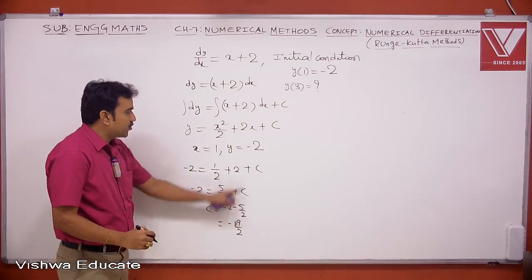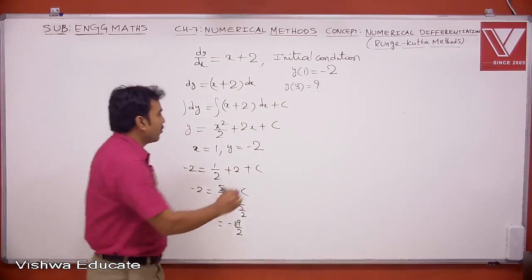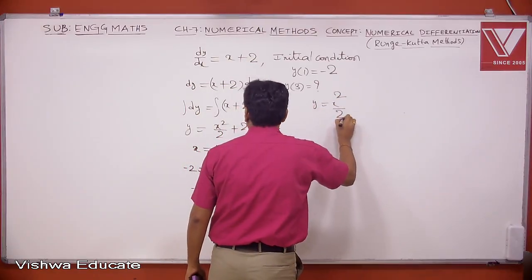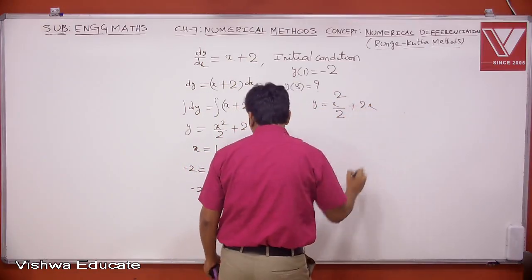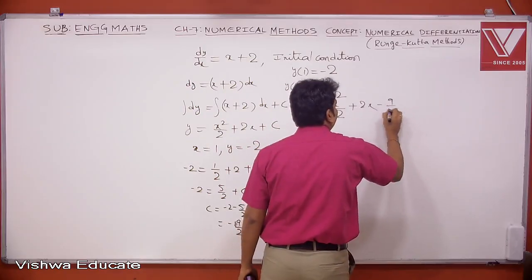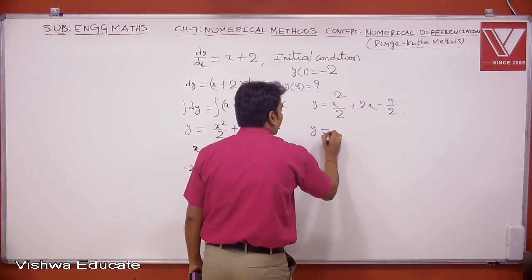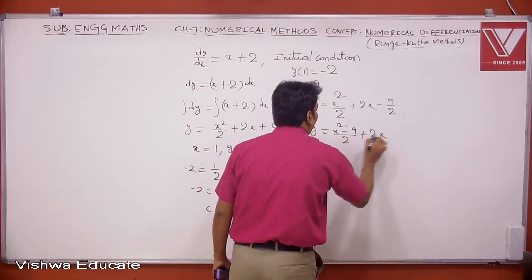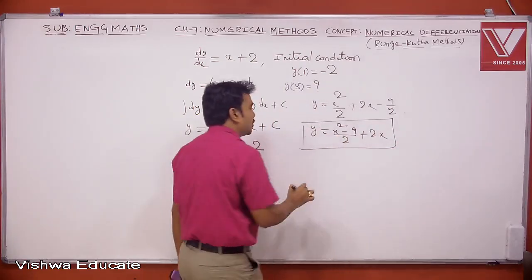Now let us substitute the c value here. So y equal to x square by 2 plus 2x, with c replaced by minus 9 by 2. Therefore this is my particular solution: x square by 2 plus 2x minus 9 by 2.